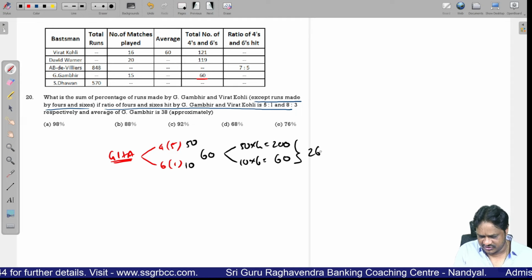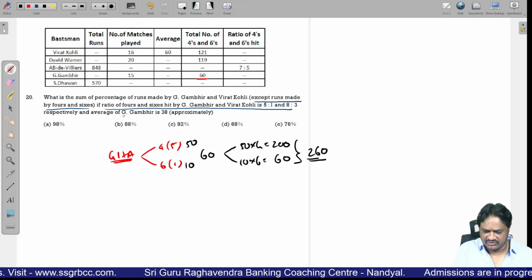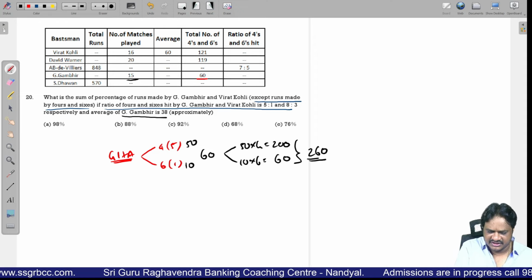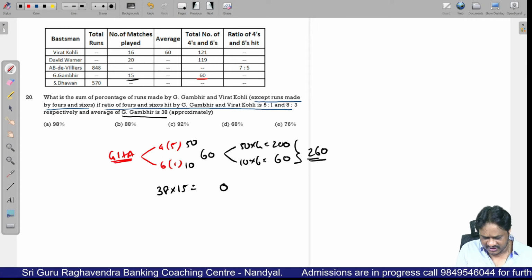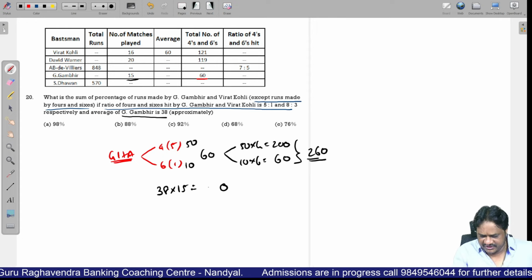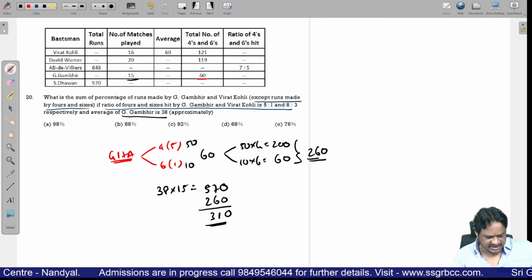So he is hitting 260 runs by boundaries. Then the Gautam Gambhir average is 38. He is playing 15 matches. So 38 into 15, that is how much? 570. Out of 570, 260 runs are by boundaries. Other than boundaries, the runs are 310.